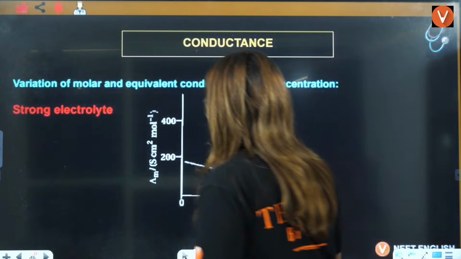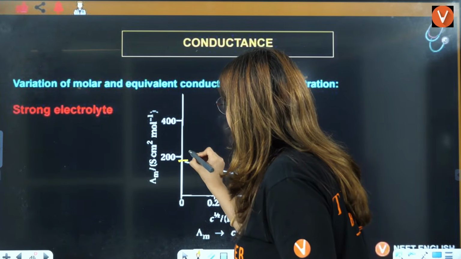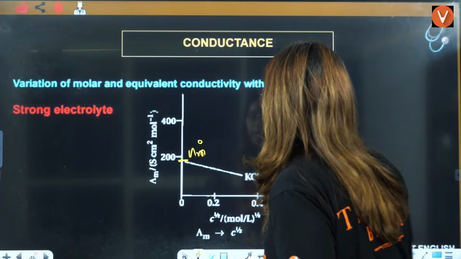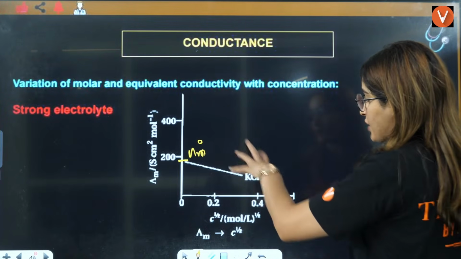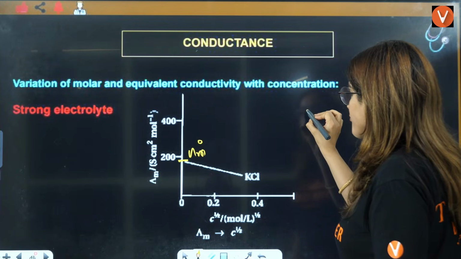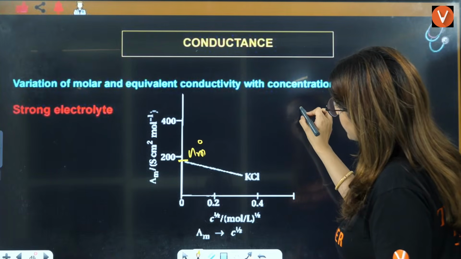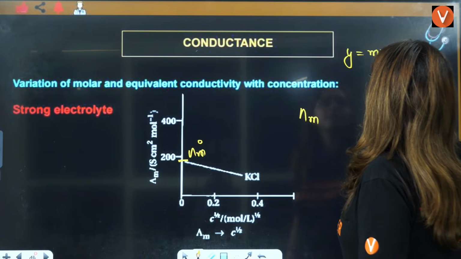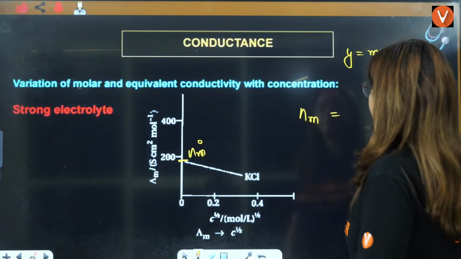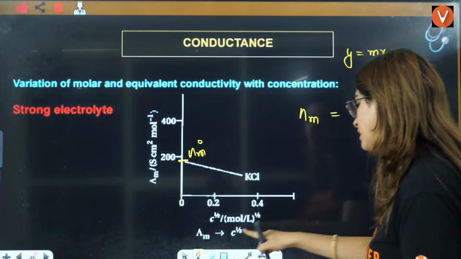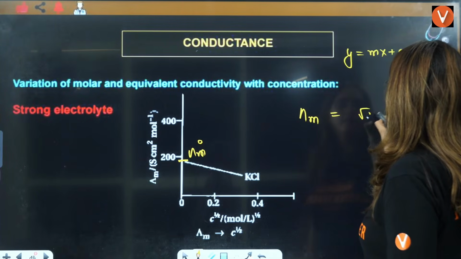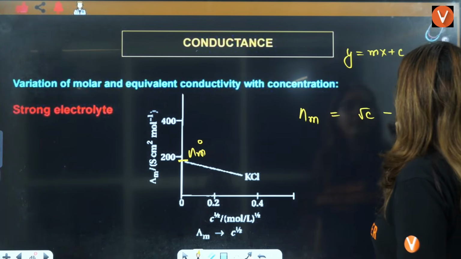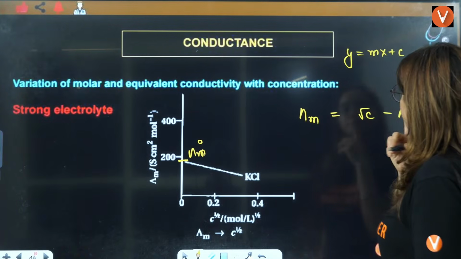If you see this, then this is the limiting molar conductivity that you will have. Even if you try to draw a graph between this, the y-axis is molar conductivity. y equals mx plus c. What is x? That is the square root of c. What is the intercept? That is limiting molar conductivity.